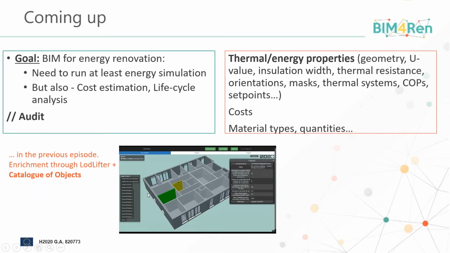With this tool, you're already able to enrich your model, because if you have the reference of the different elements that are already installed in your building, you can just import those into your BIM model, and you get all the properties that were delivered by the product manufacturer.